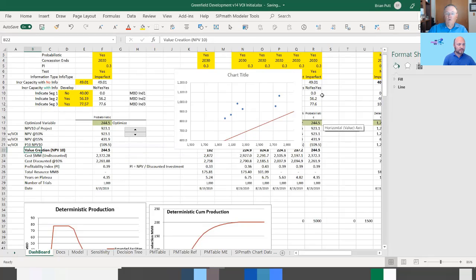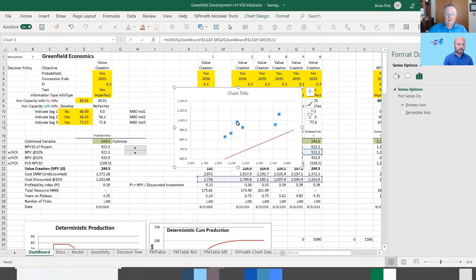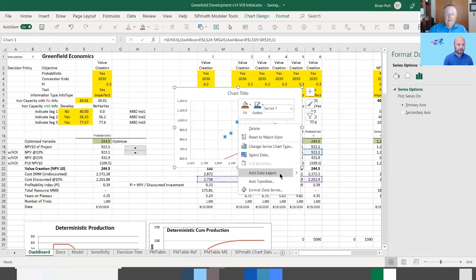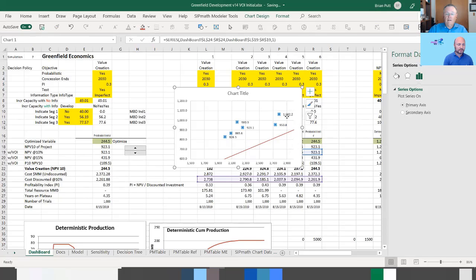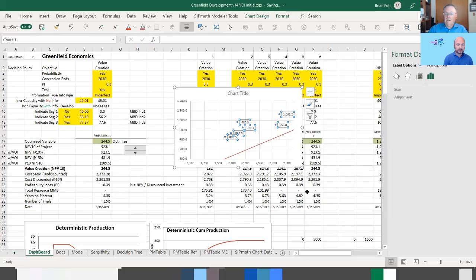And so I'll tell you what we can do here. Why don't we put some numbers? We'll just put 1, 2, 3, 4, 5, and 6. Now, one of the things that people often want to do is label all this stuff. So I can click on the series, right-click, add data labels. Then I click on the series, right-click again, format the data labels.